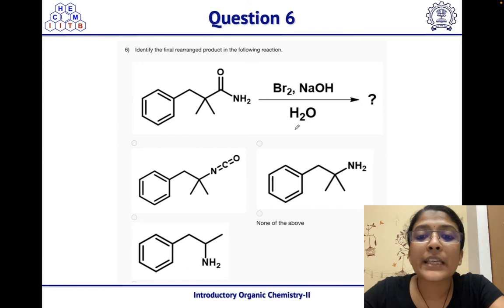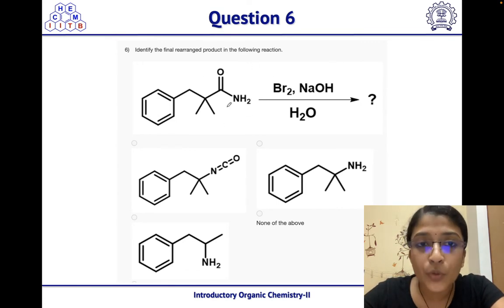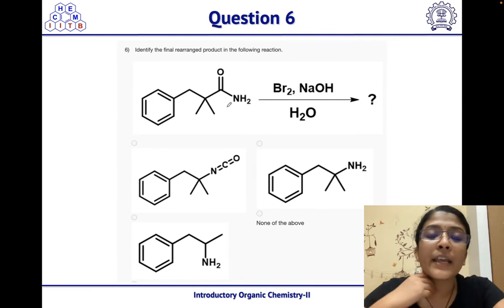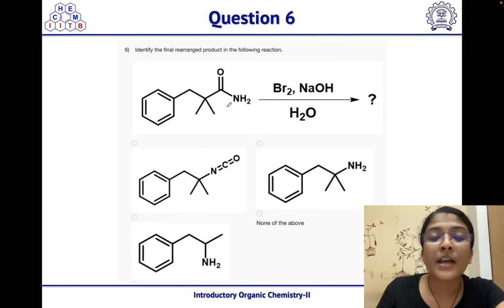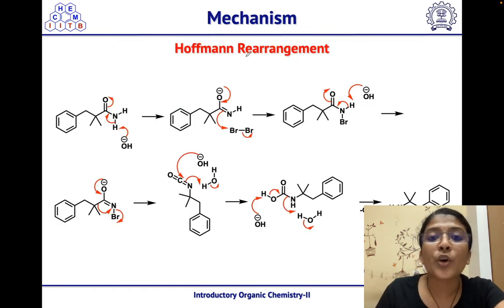Seeing these reagents and the starting material, we can tell that this is a famous rearrangement reaction, the Hofmann bromamide rearrangement, because a bromamide is formed in the intermediate step.